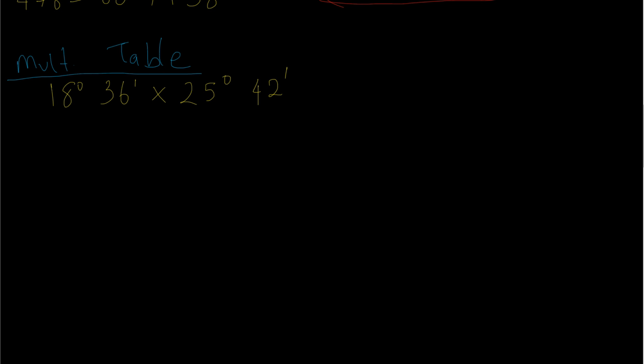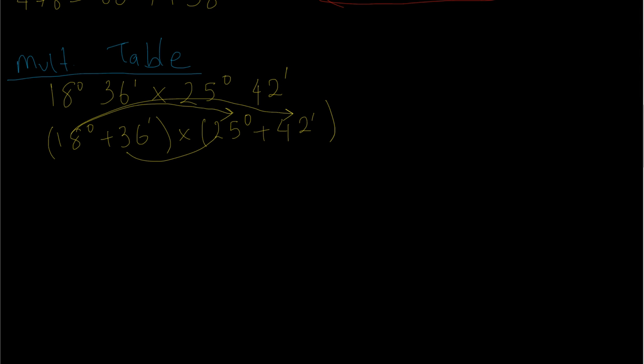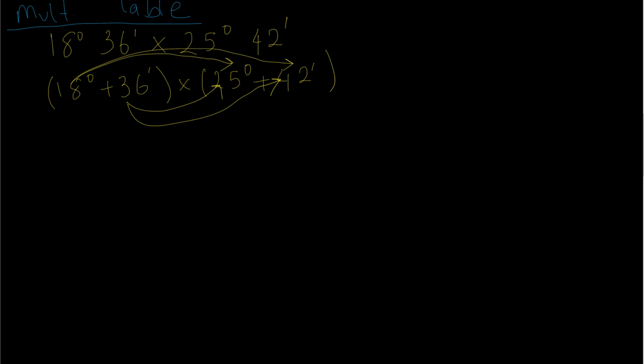In this method, we remember the distributive property of multiplication over addition, and we can regard this as 18 degrees plus 36 minutes multiplied with 25 degrees plus 42 minutes, and then we can apply the distributive property like this, right? Okay, so this is what is going to happen in this procedure.